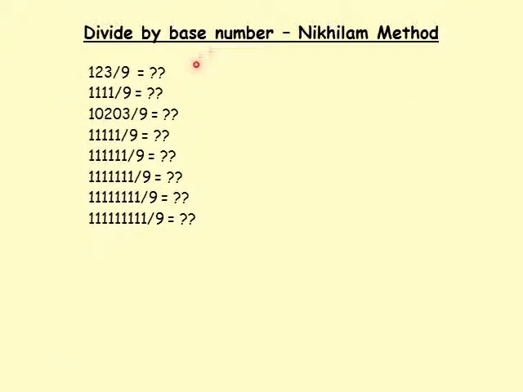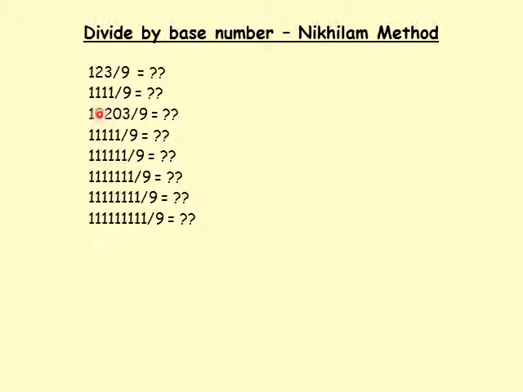Let's do some examples here. 123 divided by 9 is, first is 1, then 2, 1 plus 2 is 3, 3 plus 3 is 6, so it's 13, remainder 6. So 1111 divided by 9 is 123, remainder 4. So 12102 03 divided by 9 is 1, then again 1, 1 plus 2 is 3, 3 plus 0 is 3.